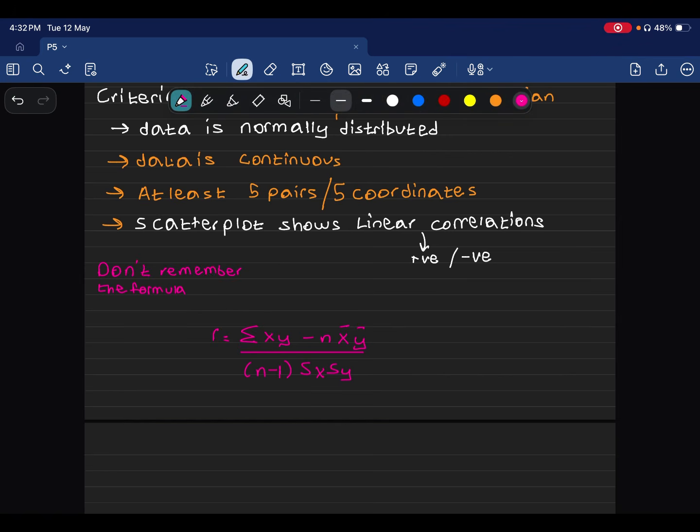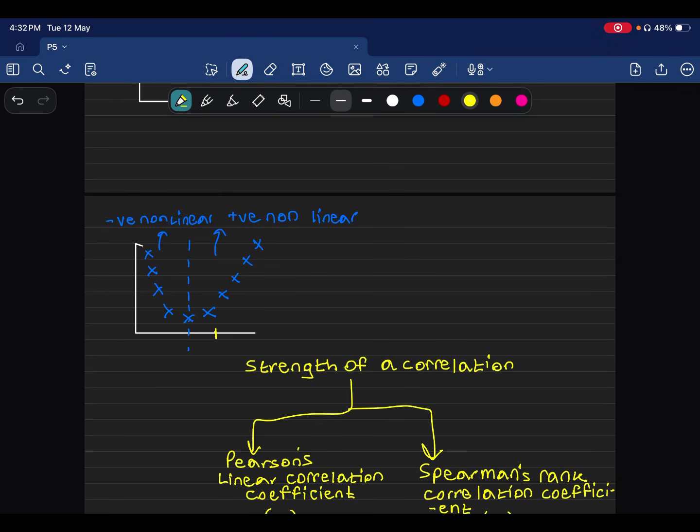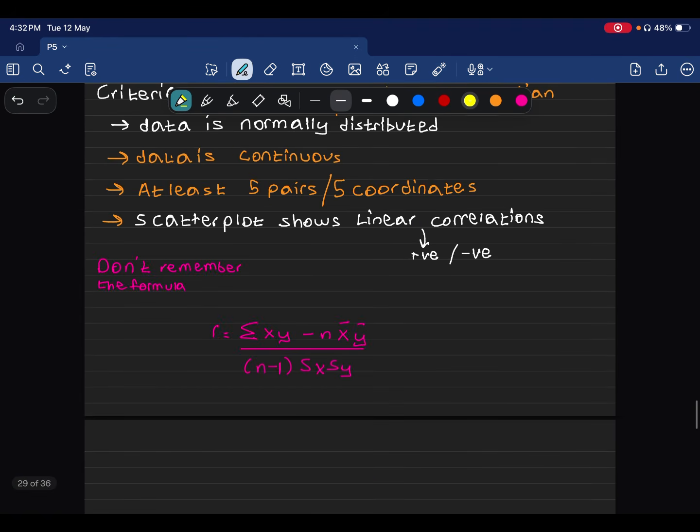Then the standard deviation of x times the standard deviation of y. First question, what is this x and what is this y? These are the values in the graph, right? X refers to the values on the x-axis. Y refers to the values on the y-axis.